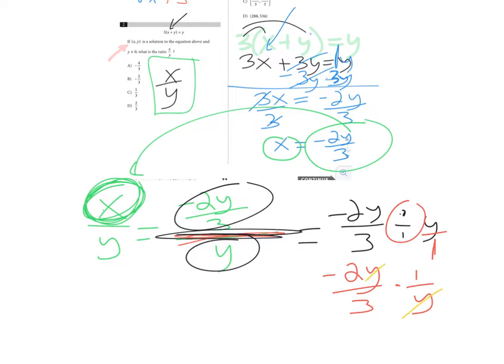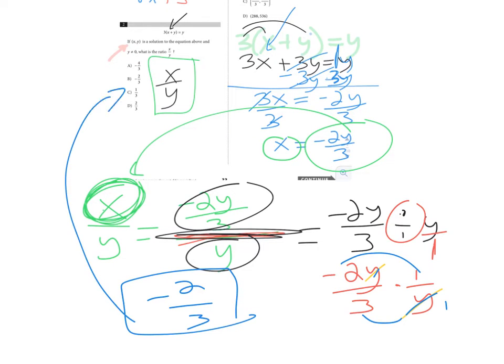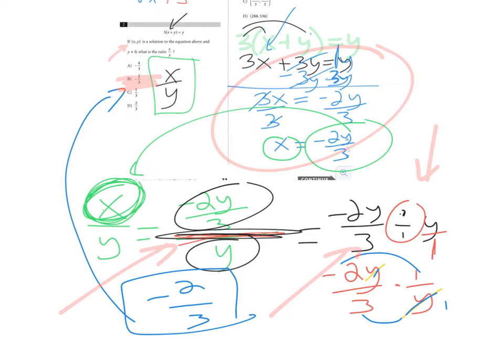Here, this y and this y cancel, so I'm going to be left with negative 2 times 1, or negative 2, and 3 times 1, because the y canceled, is just 3. So here, x over y is equal to negative 2/3, or answer choice B. There's a lot of arithmetic on the SATs, and this one tests whether you can solve equations, and then remember the way you divide fractions is to invert and multiply.